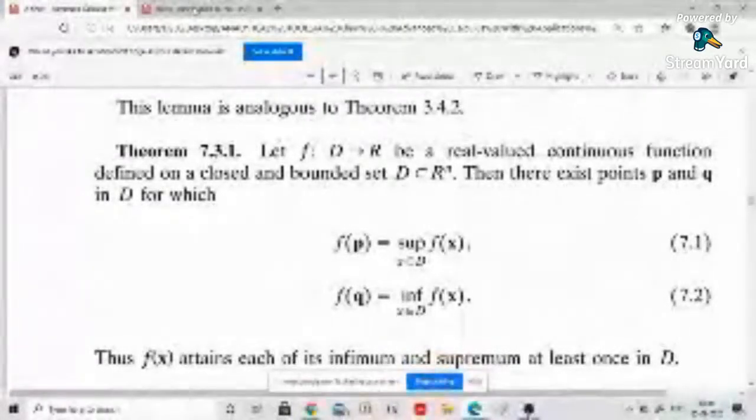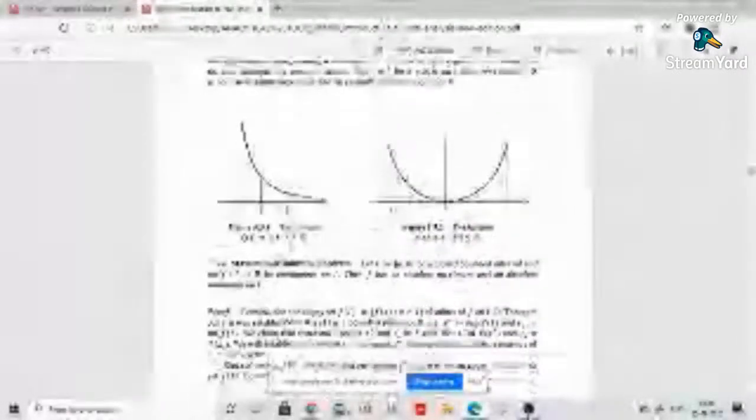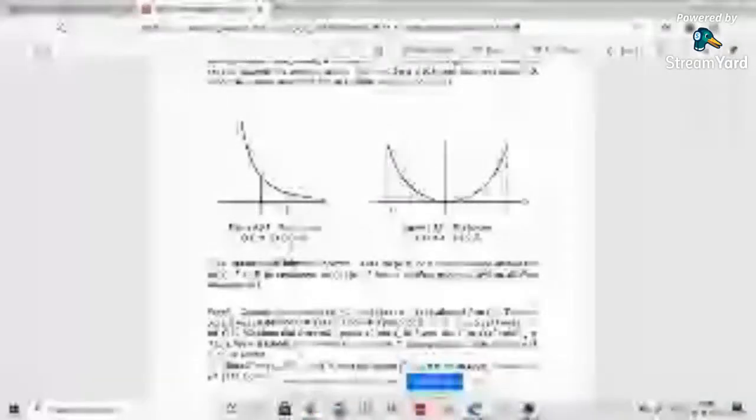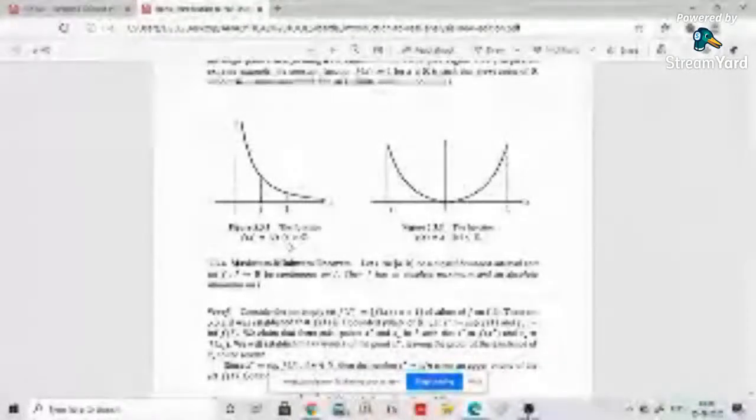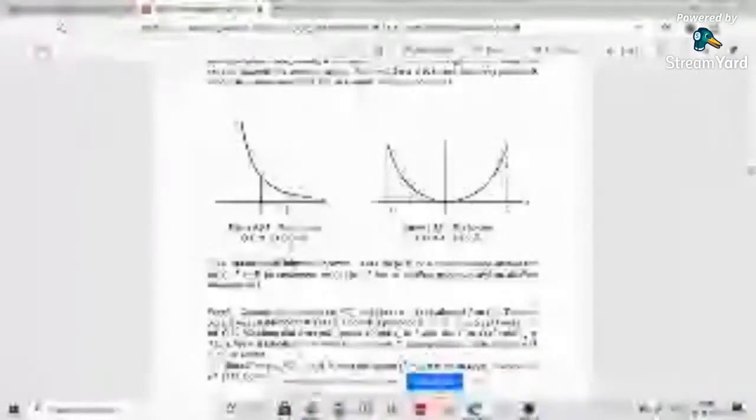Similarly, this is the case for multivariable functions. I think you have studied similar results in your degree classes. This is the book of Bartle, and in this book you can see the maximum and minimum theorem.